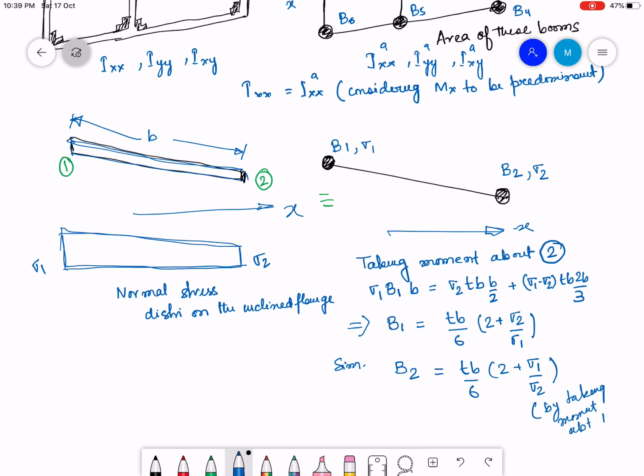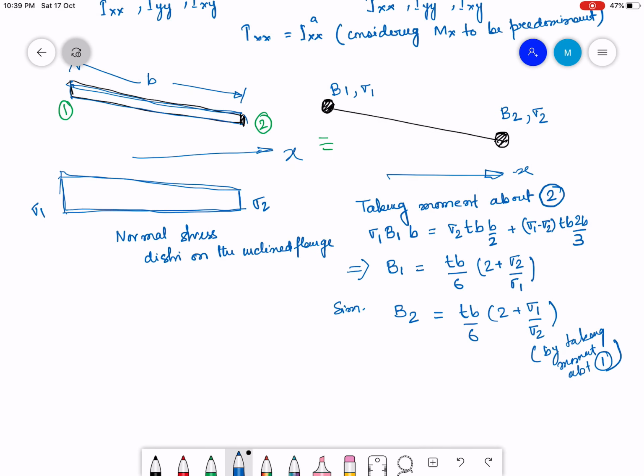Sorry, by taking moment about 1, I can get the area B2, right? So this is how, if I have an inclined flange, I can find out the areas of boom 1 and boom 2 by using this set of equations.